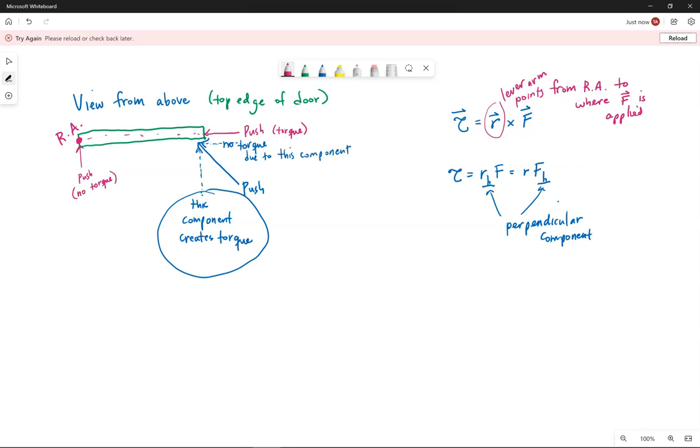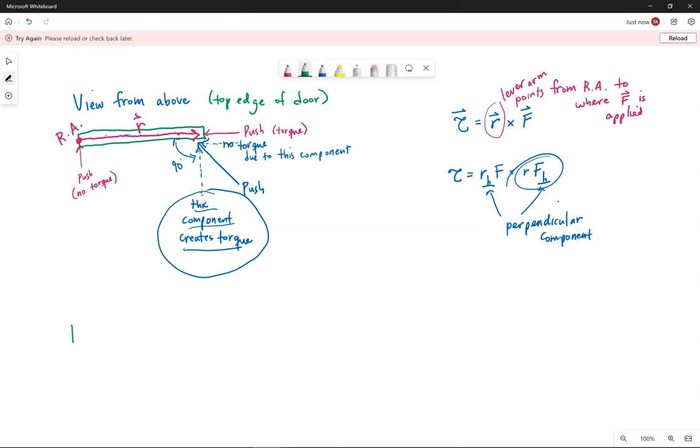So if I come into my picture, I would draw this R right here. I start it at the rotation axis and I draw it over to where that force is applied. Notice this component of force creating the torque, this is 90 degrees. That's what we mean in our equation, torque is equal to R, that lever arm length, times the force that is perpendicular to it, which gives us the maximum amount of torque, the most effective torque.